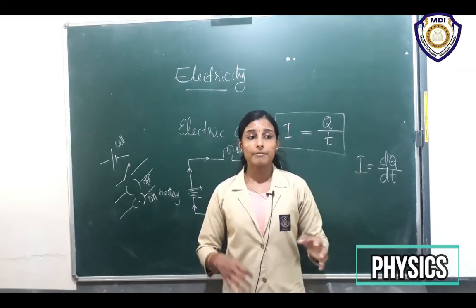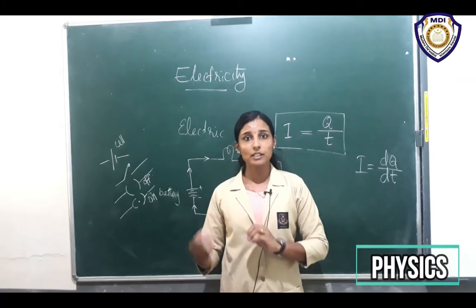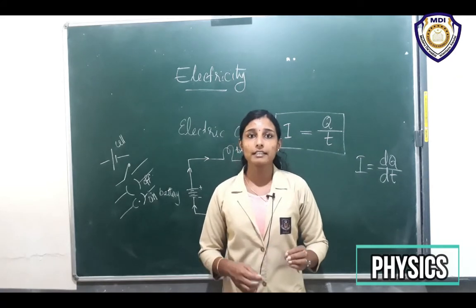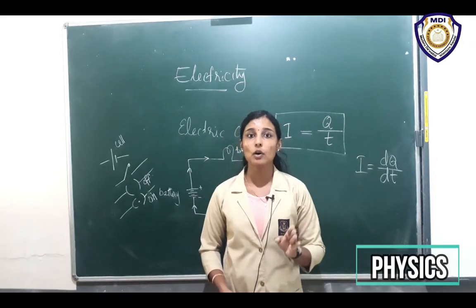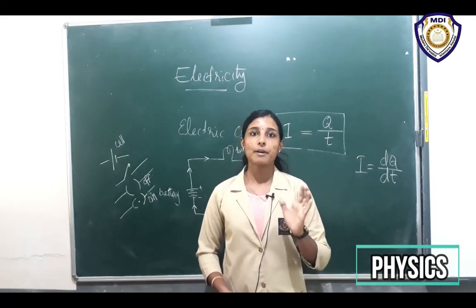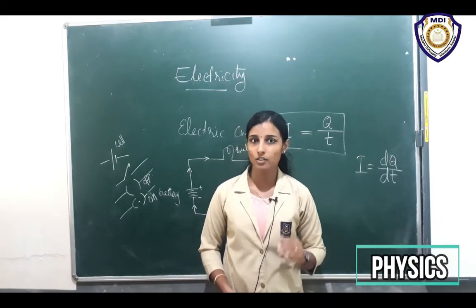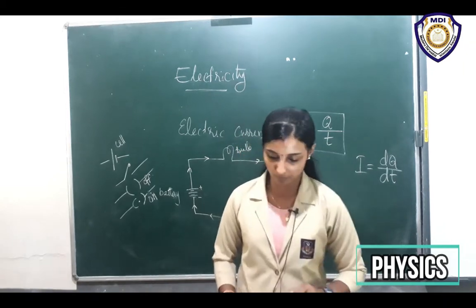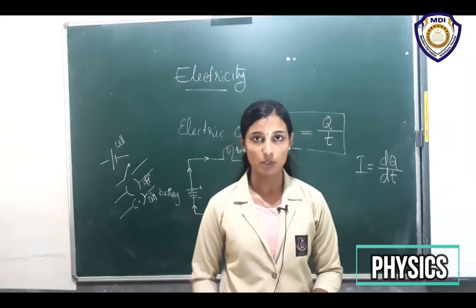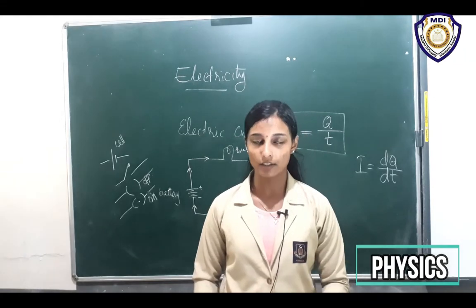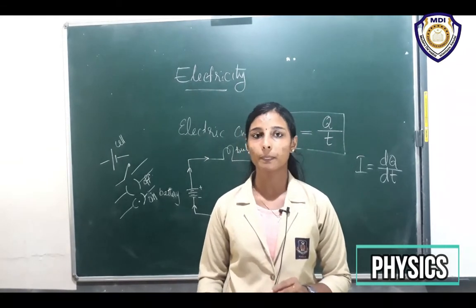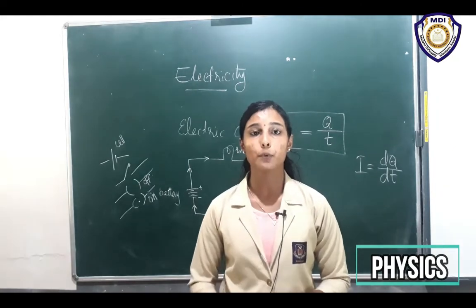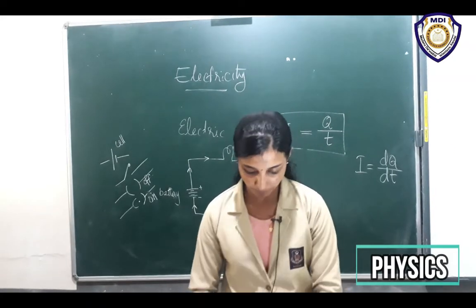So at the time when electrons were discovered, electronic current also came. That means the electrons flowing from negative to positive, right? So that is electronic current. Here the flow of electrons constitutes electricity. And conventional current, we know, is the flow of charges from positive terminal to negative terminal.